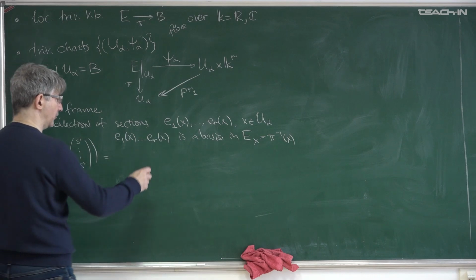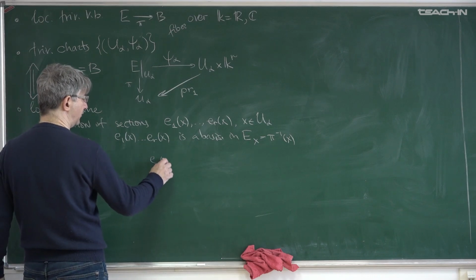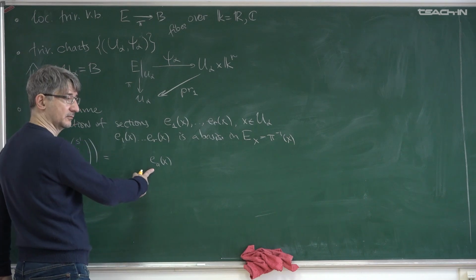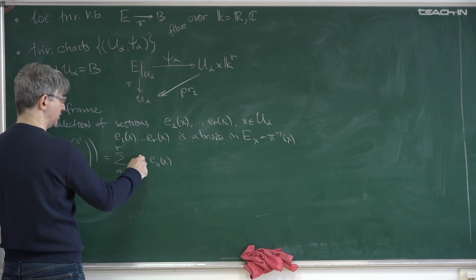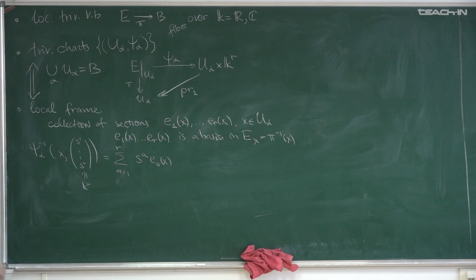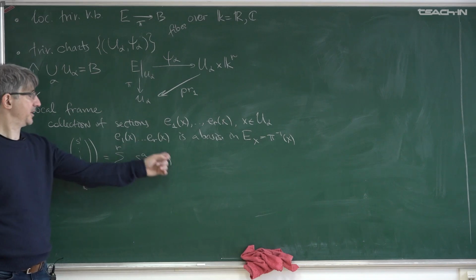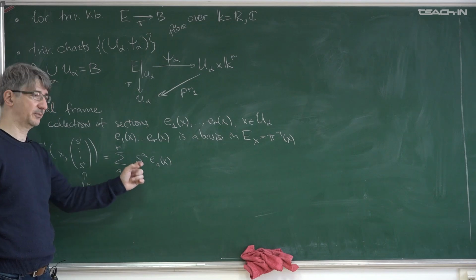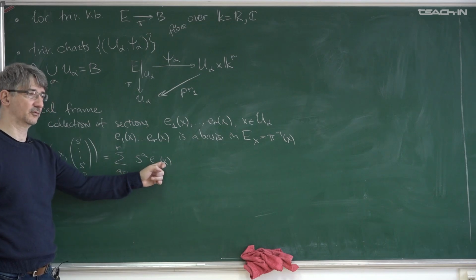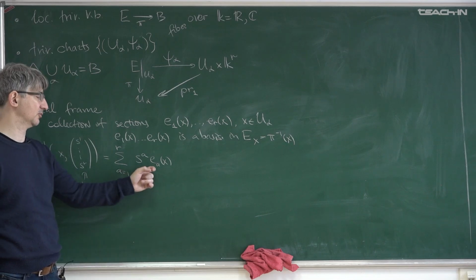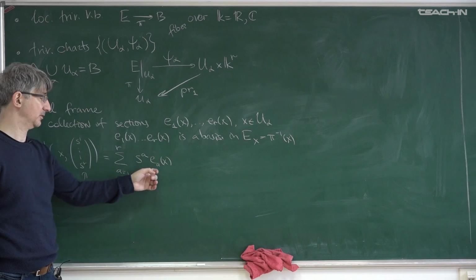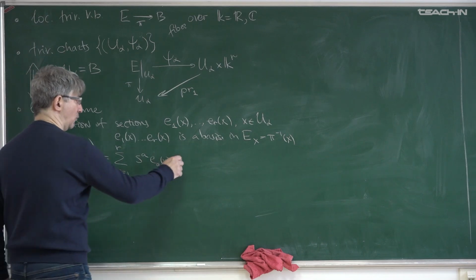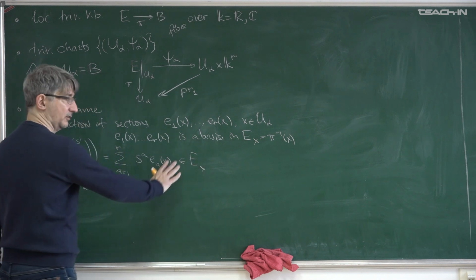So I choose the point x, Ea of x is a vector, and I take a sum from 1 to r with the coefficients which are written here. This expression makes sense because it is an expression in one chosen fiber over the point x. It's not possible to write such an expression if I try to add two vectors, one in the fiber over x and another one over point y. But this happens here, so it makes sense.